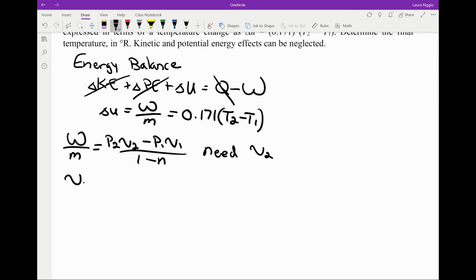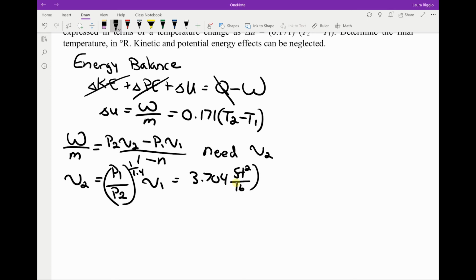Well, from our polytropic relationship, we have V2 is equal to P1 over P2 to the 1 over 1.4 times V1, which is 3.704 cubic feet per pound, times 100 over 50 to the 1 over 1.4, which is 6.077 cubic feet per pound.